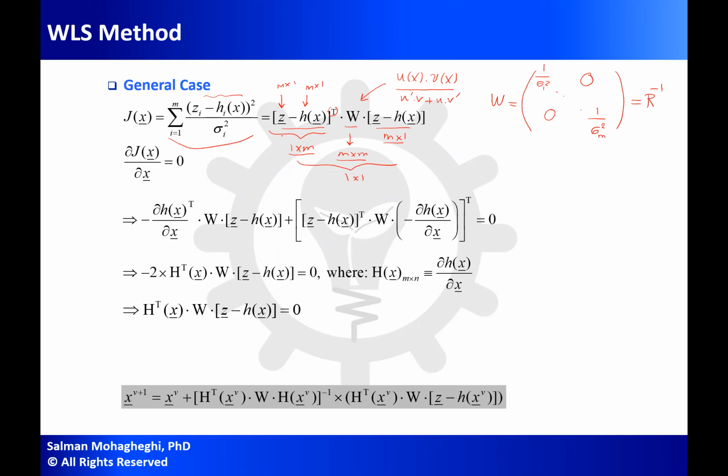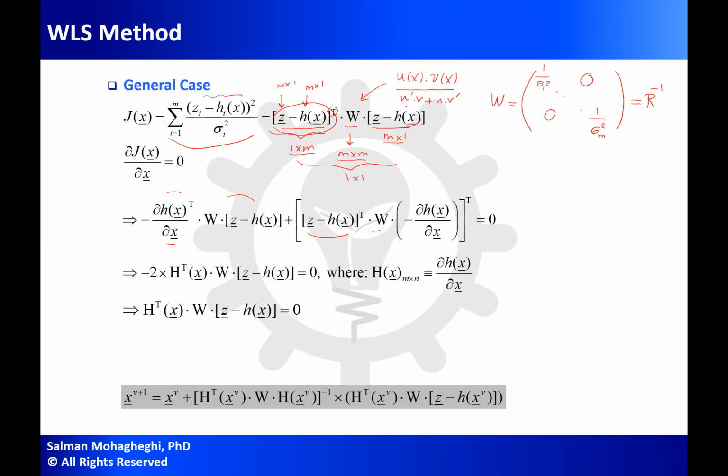So the derivative of this term with respect to x is minus the derivative of h with respect to x transpose times v. That's u prime v, W times (z minus h of x), plus the first term, which is u here, (z minus h of x) transpose, times W times v prime.